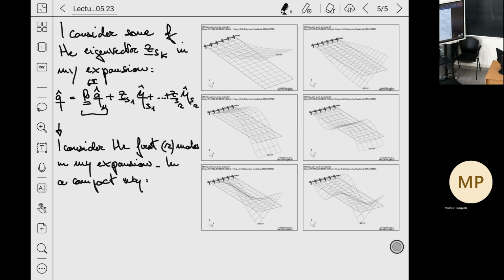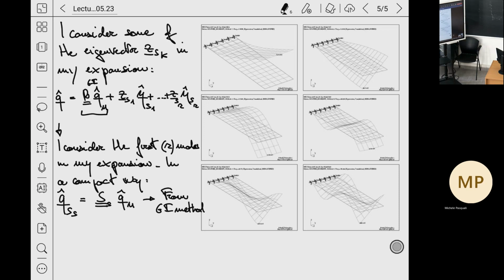Okay, so in a more compact way, you can write that Q slave static is again S, as we have seen before, times Qm. And this comes from the Guyan-Irons method.